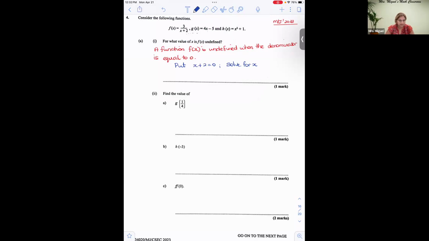Part A and B, simple. Part C, you're going to do it in 2 parts. Step 1, find f of 0. And step 2, you're finding f of that answer in step 1. So go ahead.